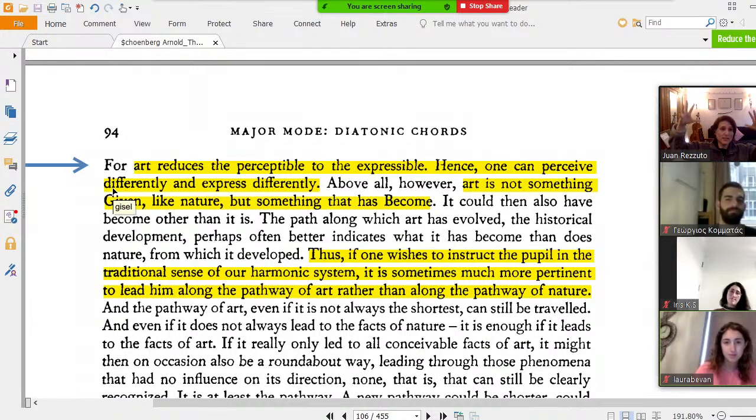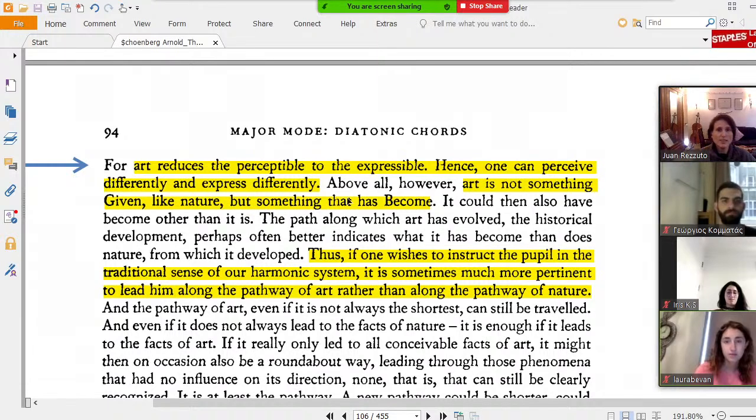What we can perceive in its totality, we just have to reduce it throughout to what we can express, to our filter, let's say. Hence, one can perceive differently and express differently. That's why we have so many pieces of art, because everyone has his own filter.